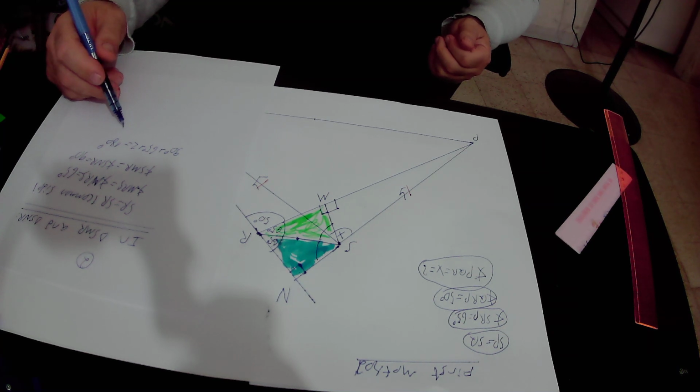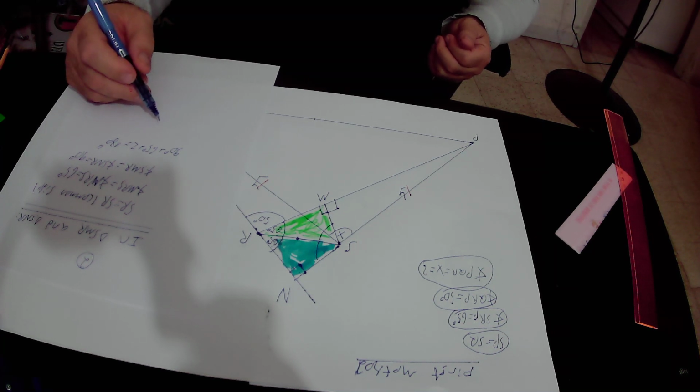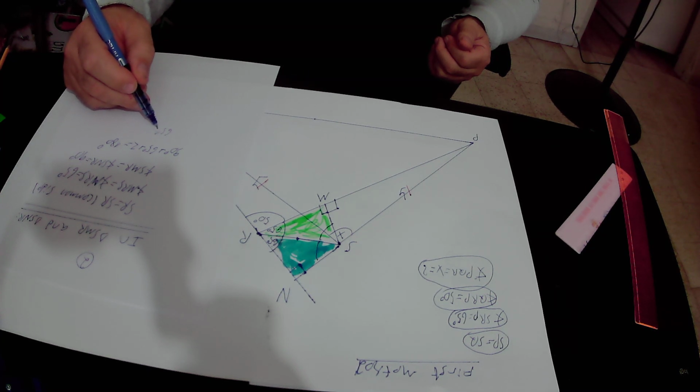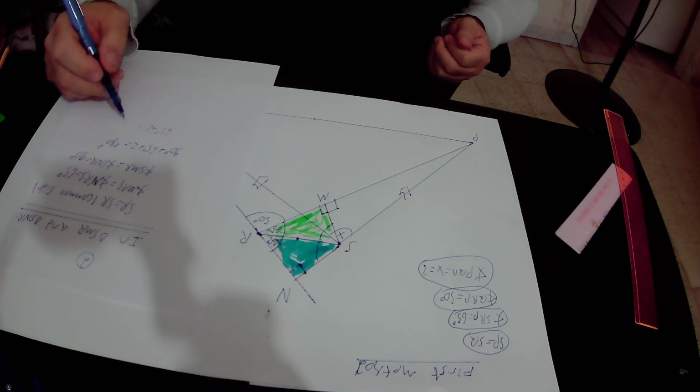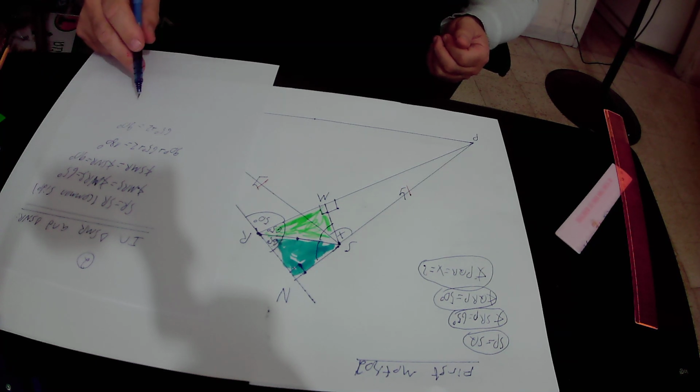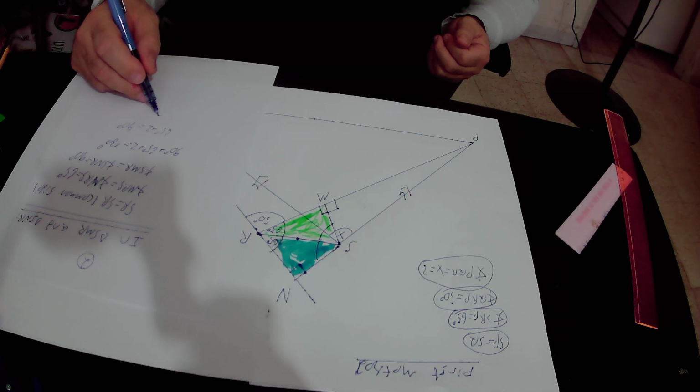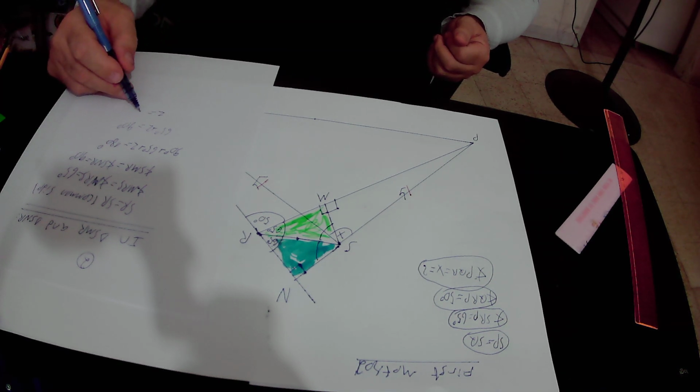Here we will subtract 90 degrees from this equality, and we will get that 65 degrees plus angle Z equals 180 degrees minus 90 degrees, which is 90 degrees. So here we will subtract 65 degrees from this equality, and we will get that the size of angle Z is actually 90 degrees minus 65 degrees, which is 25 degrees.